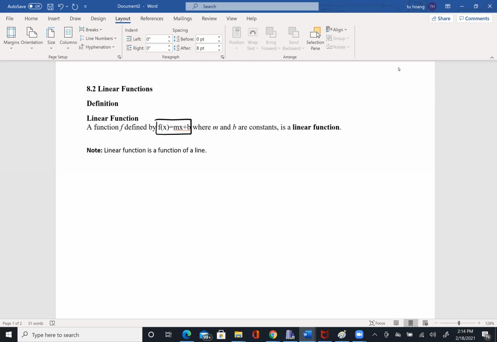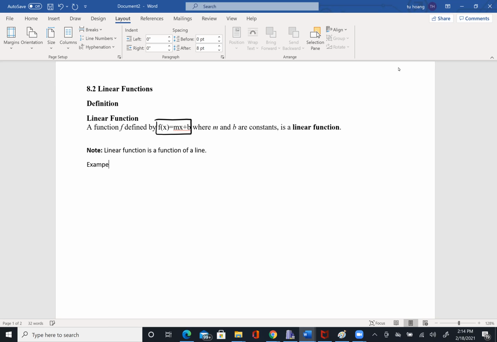So you will have a function of a line, and that's also going to be called a linear function. Okay, so let's do some examples.